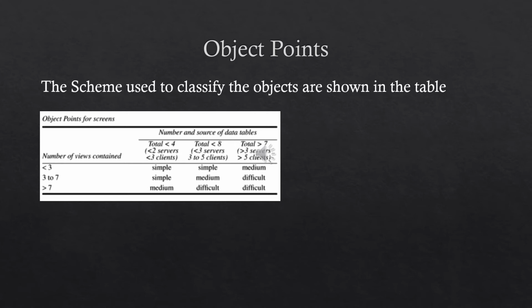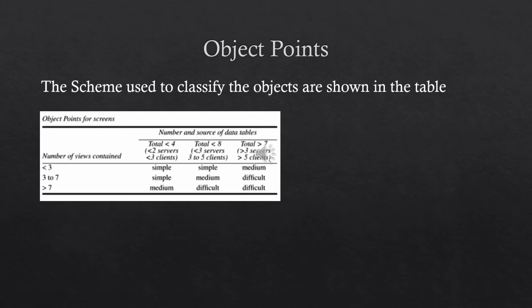In the current table, the object points for screens, it shows how a simple object can be defined, how a medium object can be defined, or how a difficult object can be defined. Three simple entries, three medium entries, and three difficult entries are tabulated based on the number of views contained and the number and source of data tables.